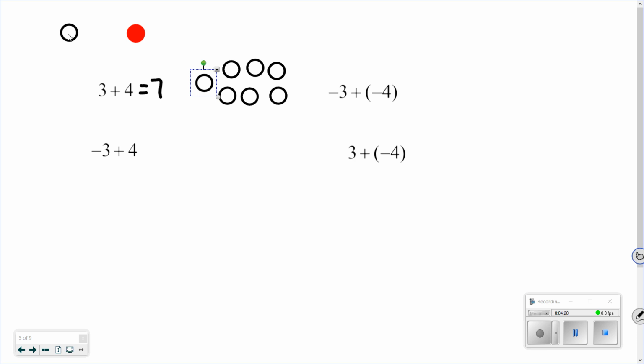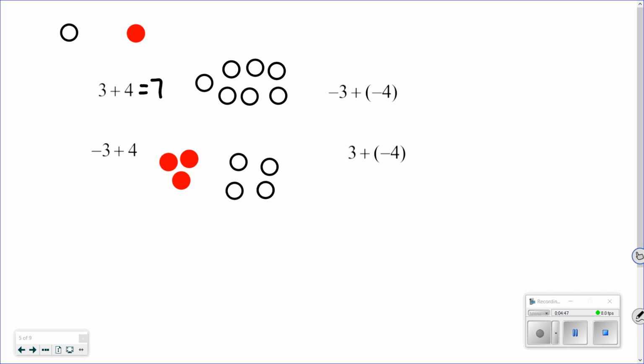Now, let's do this negative 3 plus 4 down here. To represent a negative 3, I'm going to use the red ones to show that they're negative. There's 1, 2, 3 negatives. I grab 4 of these positives. 1, 2, 3, 4.